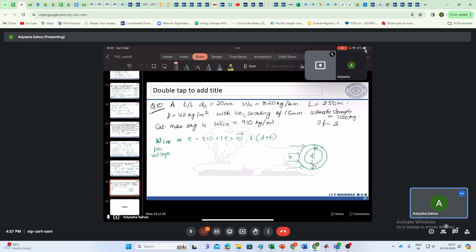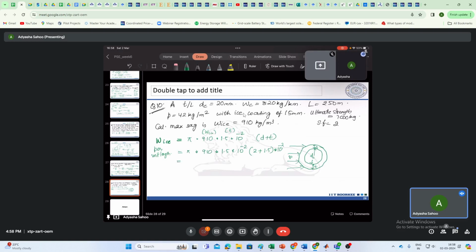So this is your pi into weight of ice, 910, into T into D plus T. So mm is converted into meter, and D is, so T basically converting into cm plus 1.5 into again centimeter to meter.